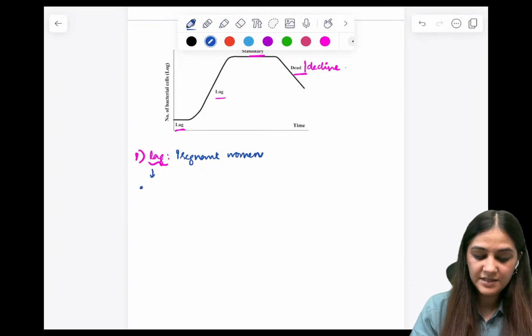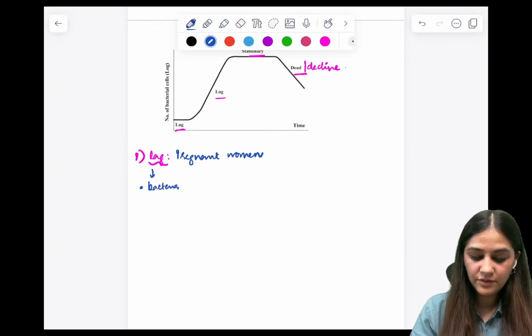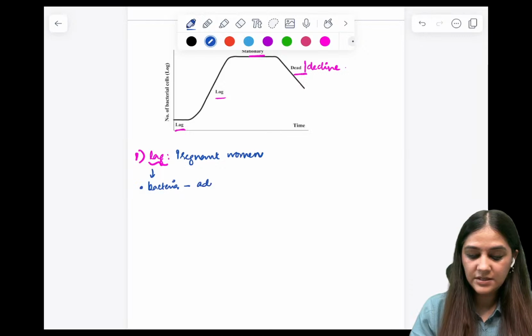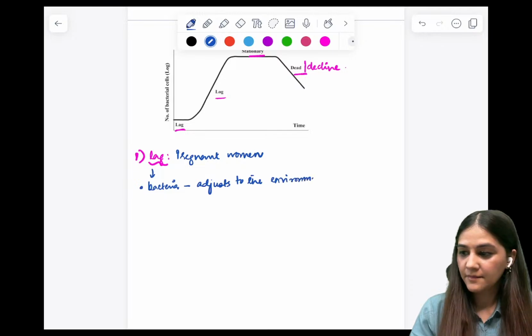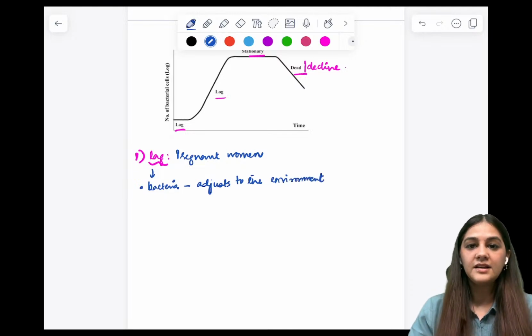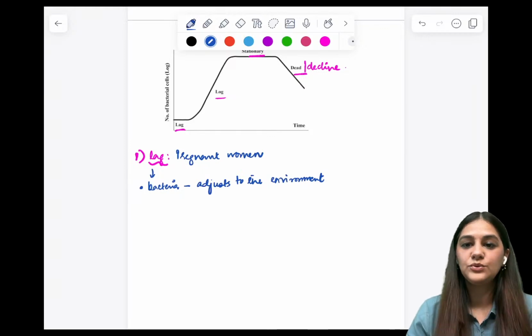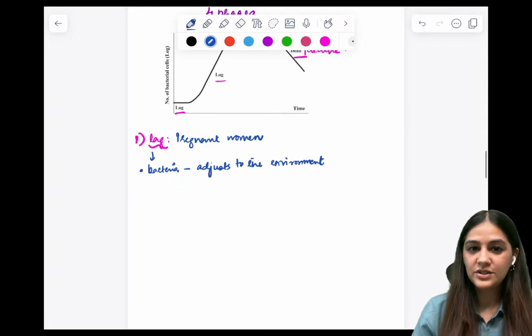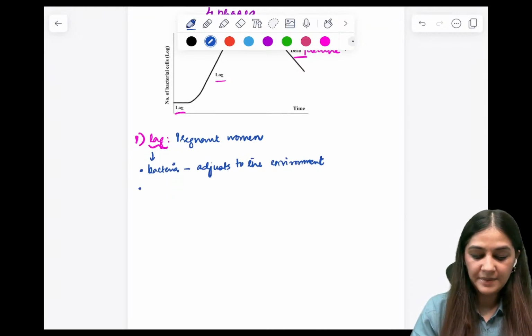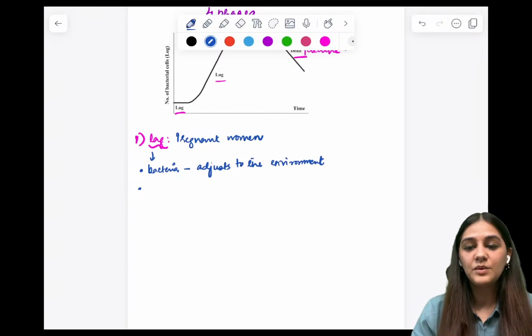So in the lag phase, the bacteria also adjusts to the environment. The bacteria is also pregnant and all, so it's trying to get used to the environment. What is happening next? In a pregnant woman, what happens? She needs a lot of nutrition, right?